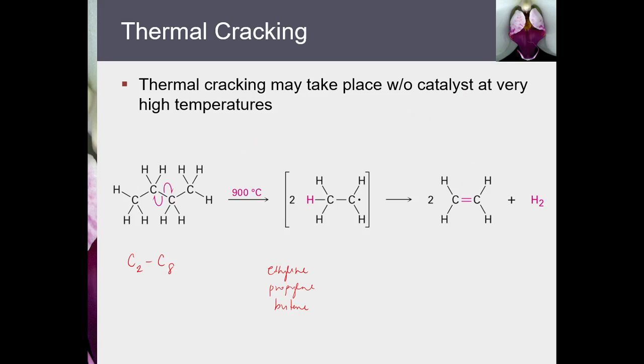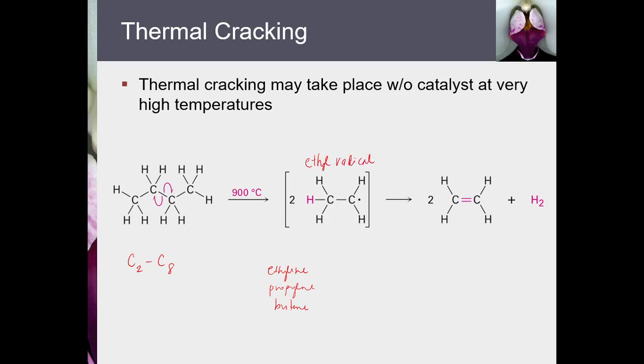So, in the process here, ano ang nangyayari? Your 4 carbon long parent alkane will split into 2. So, magiging radical siya. So, magkakaroon ka ng dalawang ethyl radical.